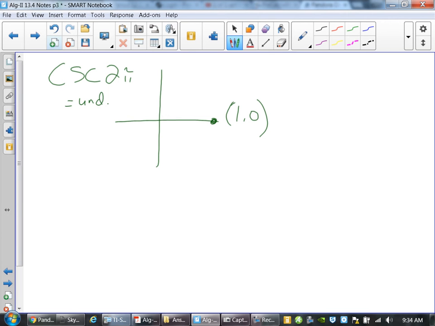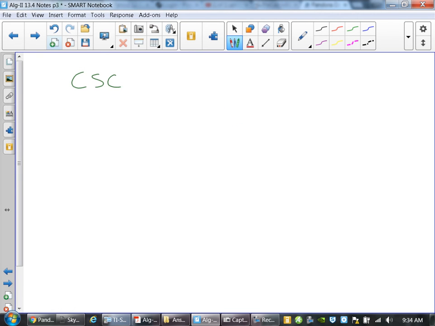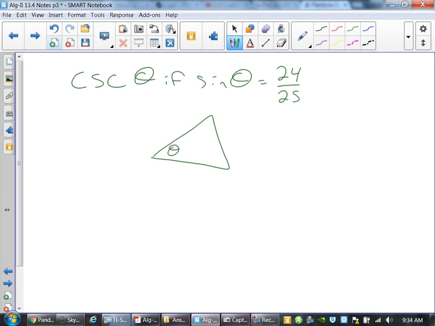All right, so let's look at the last ones then. What is cosecant if sine is 24/25? So this means you have some angle, the sine of some angle is 24/25.